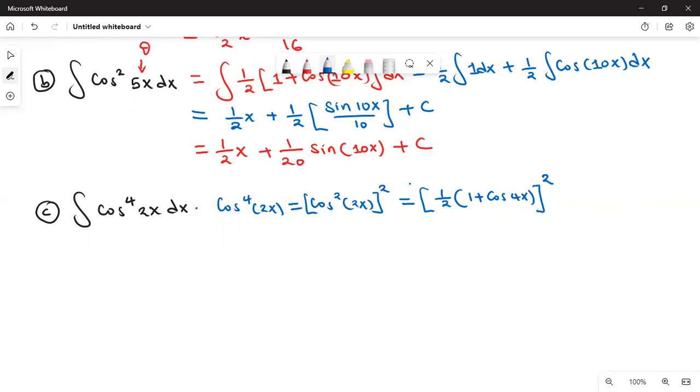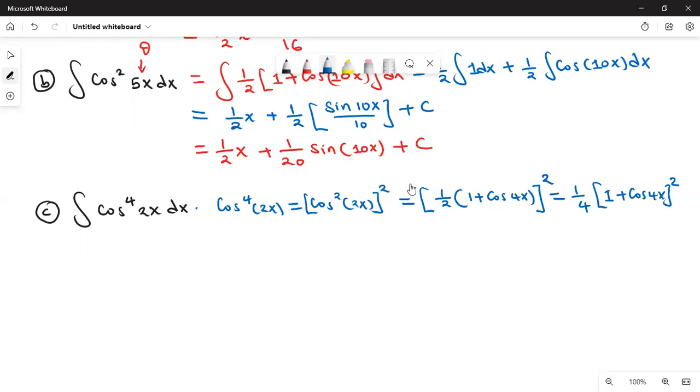Cosine squared of 2x is the same as half in bracket 1 plus cosine of 4x. Half squared, that is 1 over 4. So we have here 1 plus cos 4x, and the whole of this is squared.